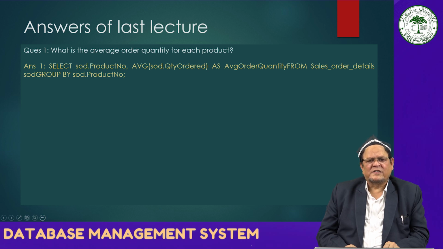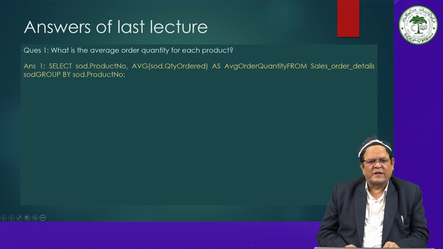This is called an alias. From which table? Sales order details SOD, group by SOD.product number. By that, we are able to find the average order quantity for each product.